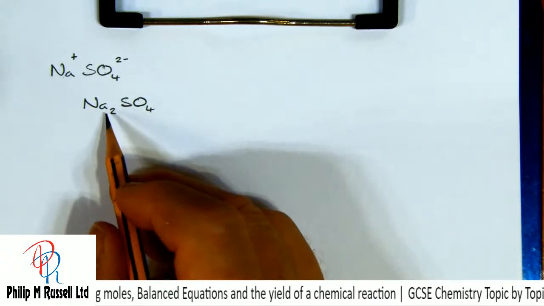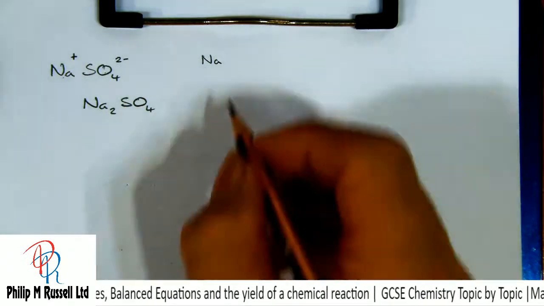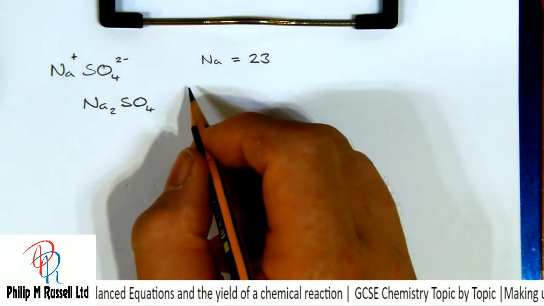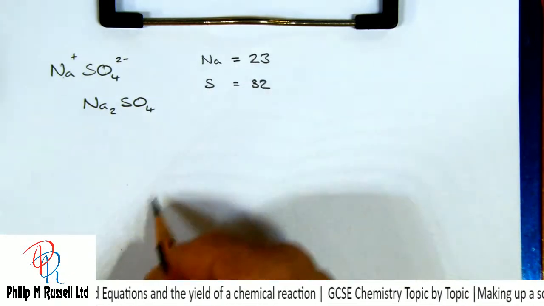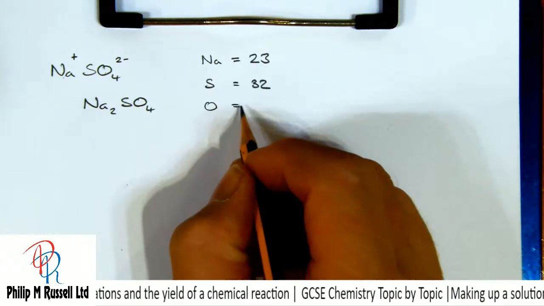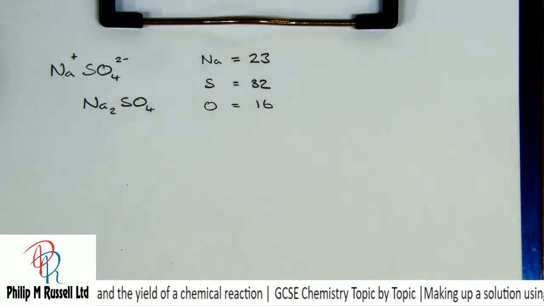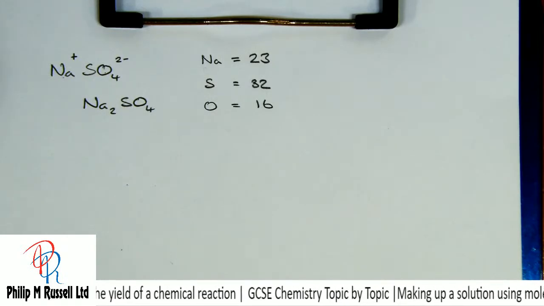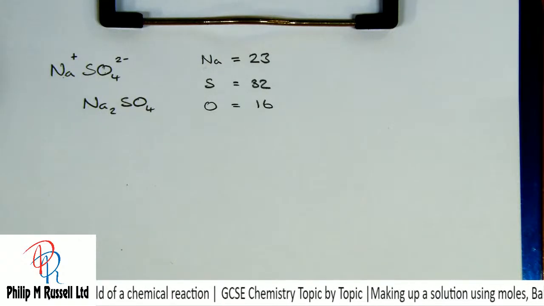Na2SO4. We know that sodium has a mass of 23, looking at our periodic table. We know that sulfur is 32, and we know that oxygen is 16. We can therefore use this to try to do various calculations. Let's start with the formula mass.